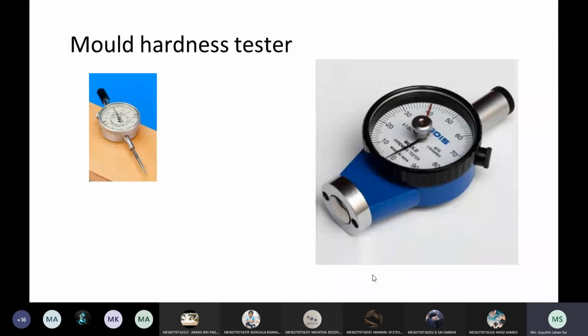When I'm placing some indentation, you have to calculate how much resistance there is toward that indentation. That's why when they go for any molding procedure, they test the mold hardness of that sand. They do a thorough ramming, and the rammed sand only they will test, not the loose sand. Is it clear? Can I go to the next slide?